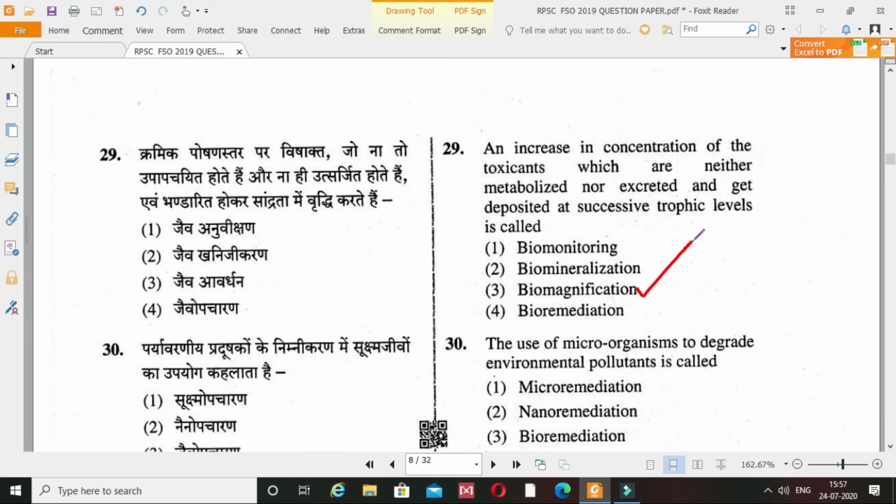What is biomonitoring? It is the act of observing and assessing the state and ongoing changes in ecosystems, components of biodiversity and landscape, including the types of natural habitats, populations, and species. Biomineralization is the process by which living organisms produce minerals.